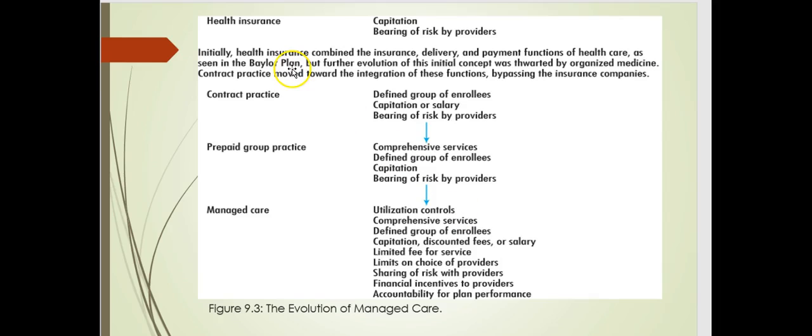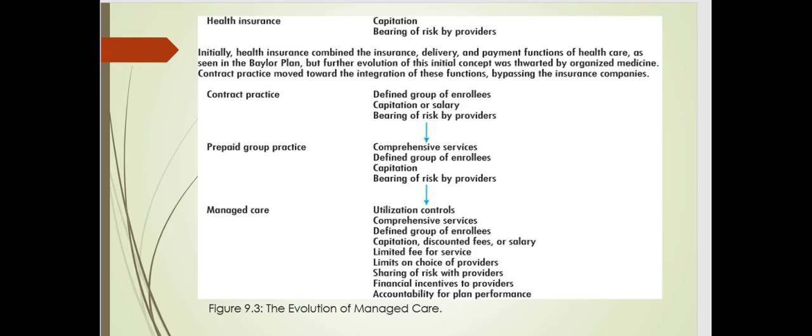As you can see, it touches on health insurance, the Baylor plan, and then goes through the contract practice, what's added with the prepaid group practice, and last, how managed care takes all that a step further with utilization controls.